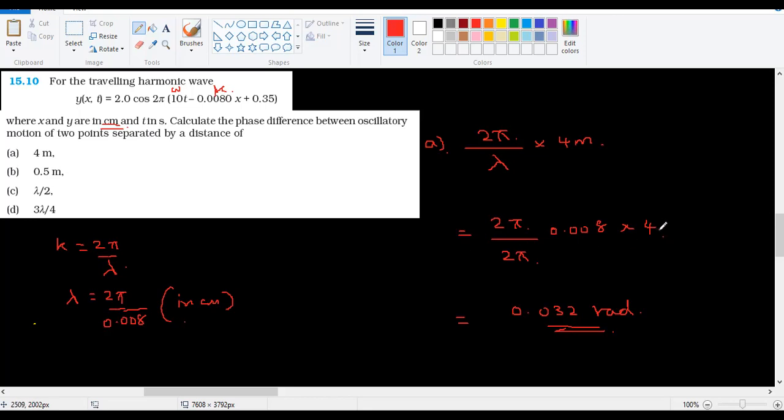And this will be into 400 because I have to take it in centimeters. This will be multiplied by 2 zeros, so it will be 3.2 radians.